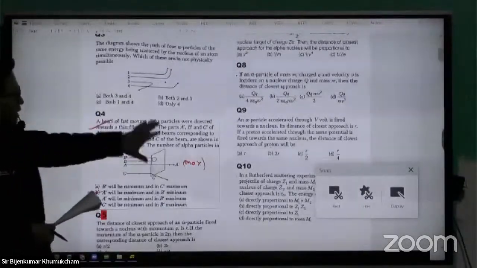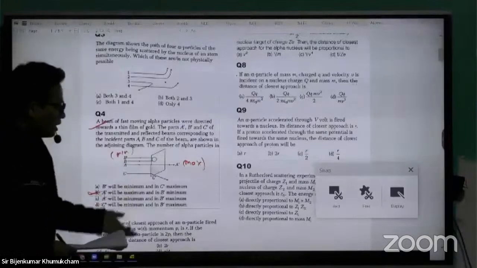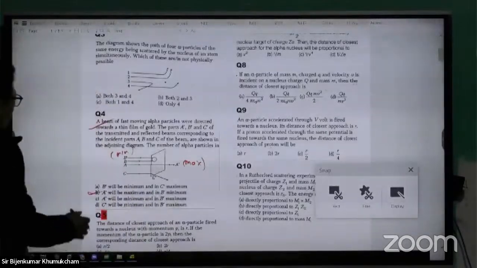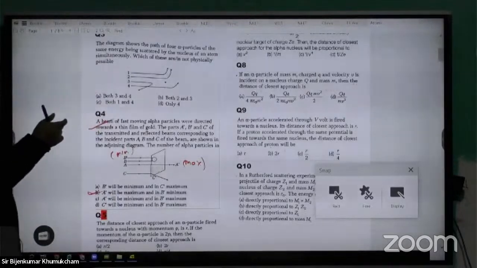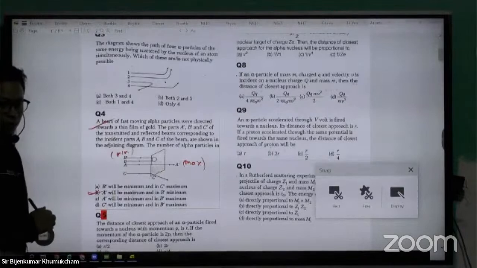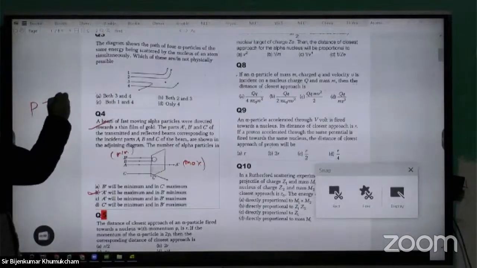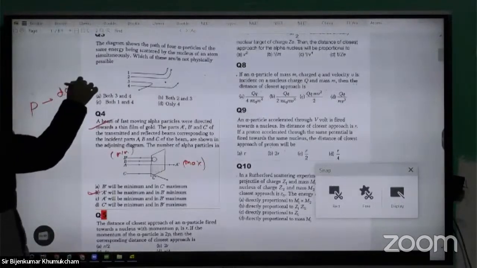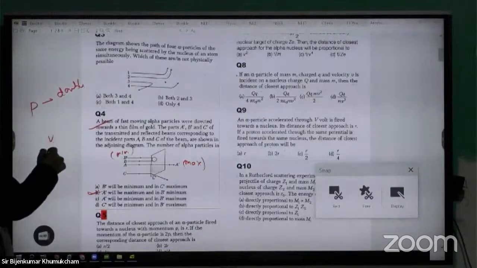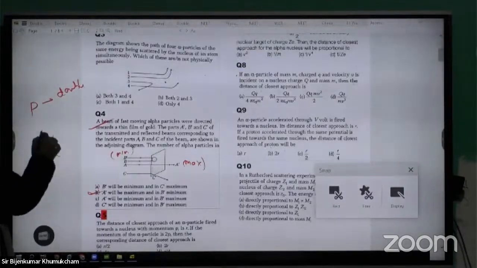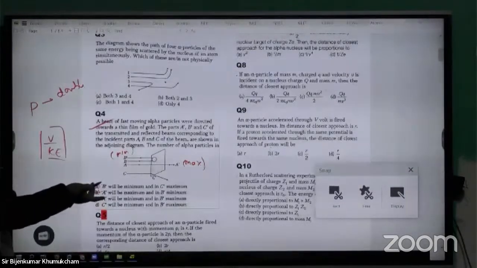If the kinetic energy is double, if the velocity becomes double, or if the momentum becomes double, what will happen?